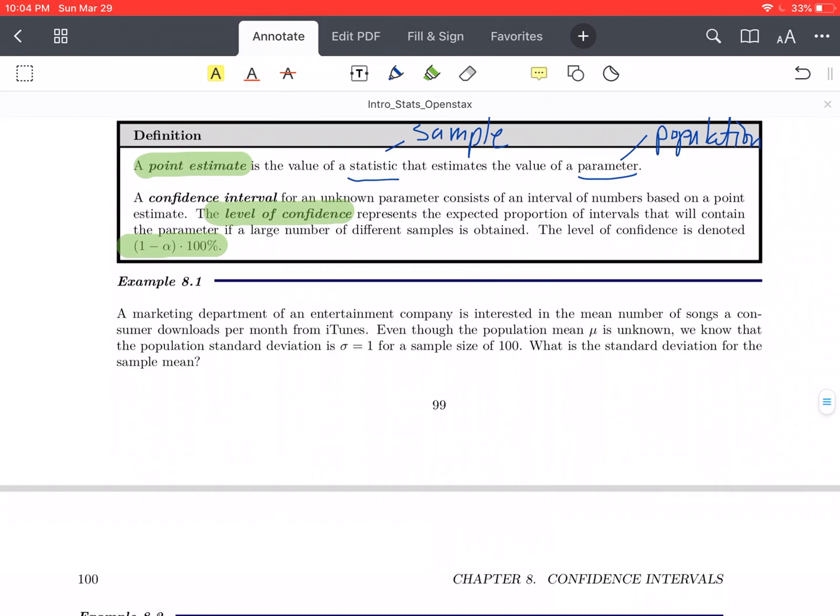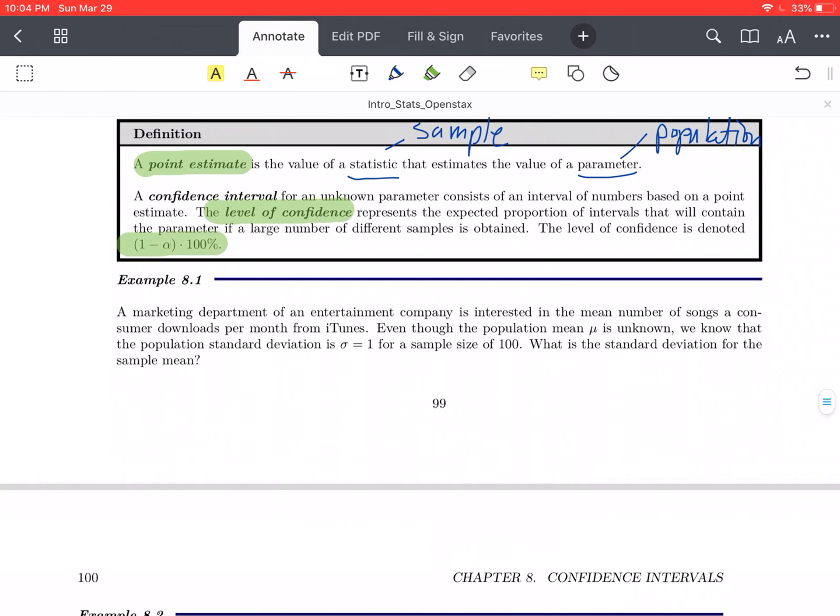So for this first example down here, just setting it up: a marketing department of an entertainment company is interested in the mean number of songs a consumer downloads per month from iTunes. Even though the population mean is unknown, we know that the population standard deviation, sigma, is 1 for a sample size of 100. What is the standard deviation for the sample mean? If you remember, the sample mean was x bar. We saw that in the last chapter.